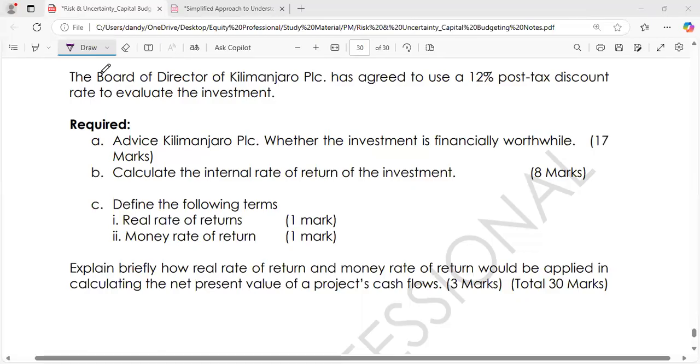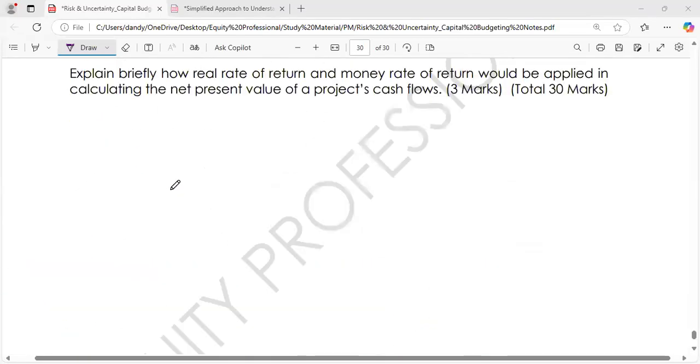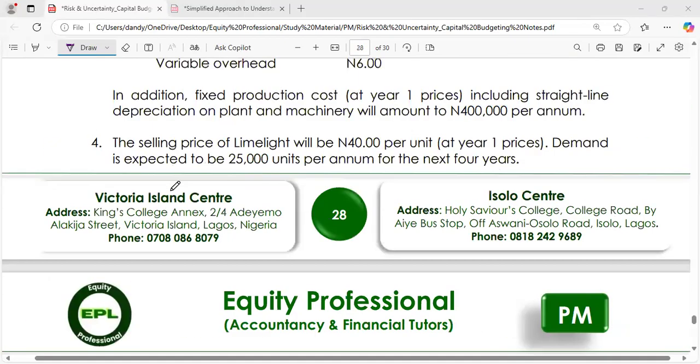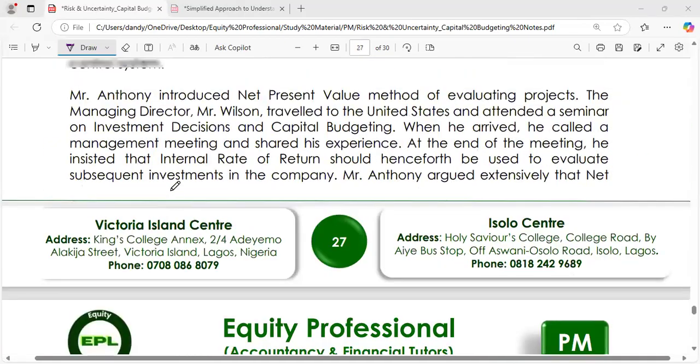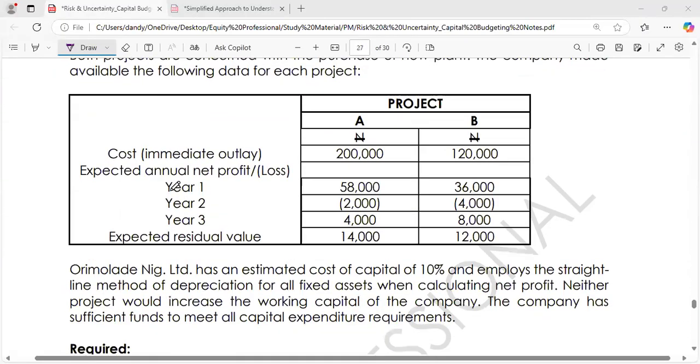So, yeah, I would have loved to solve illustration number 2, Orimolade. Let me stop sharing this and use the ebook, so that for the remaining minutes that we have, I should be able to complete it.